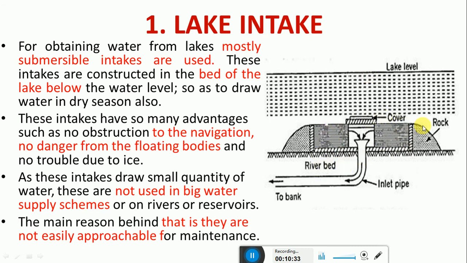It consists of the intake structure, as shown here, made up of rock and brickwork, and this is the inlet pipe through which the water is drawn, this is the bed of the lake, and this will be the cover. It may be provided with a small screen so that floating matter or other debris does not enter the intake conduit. From this the water is taken away and allowed to enter the water treatment facilities.